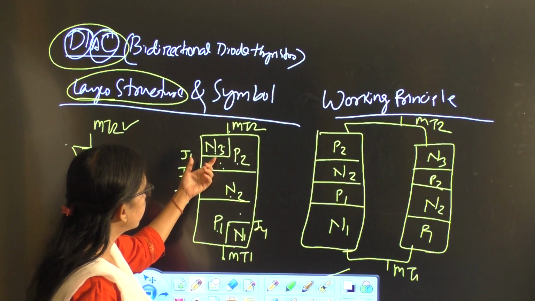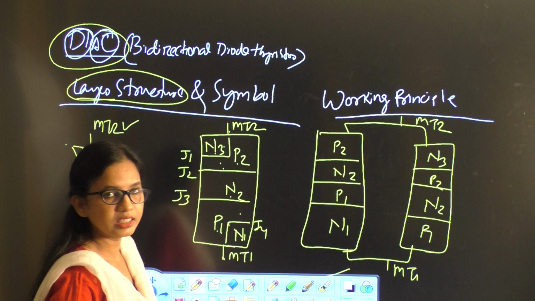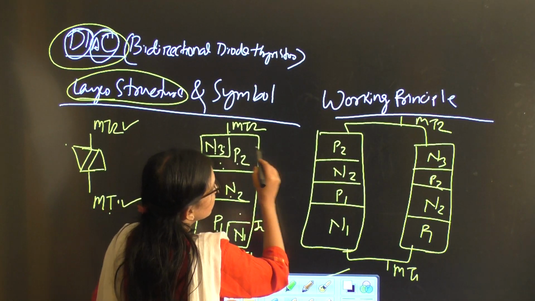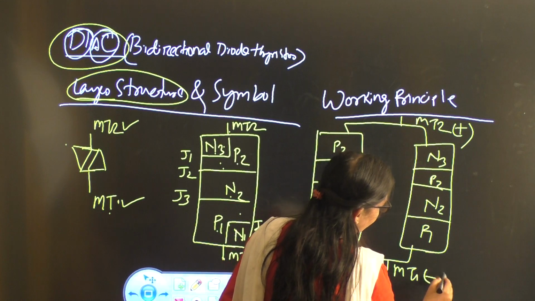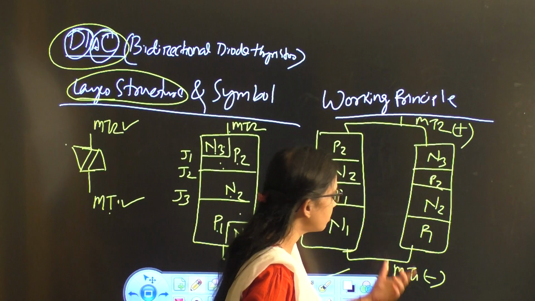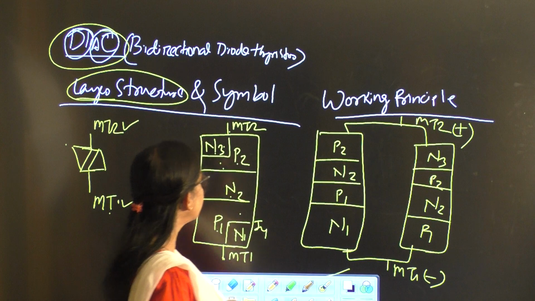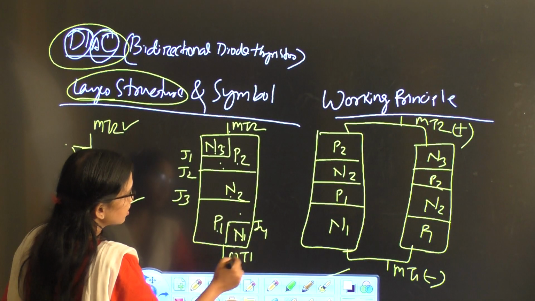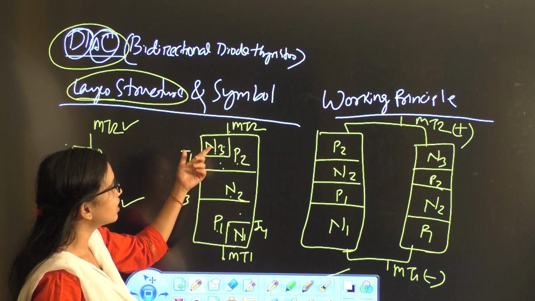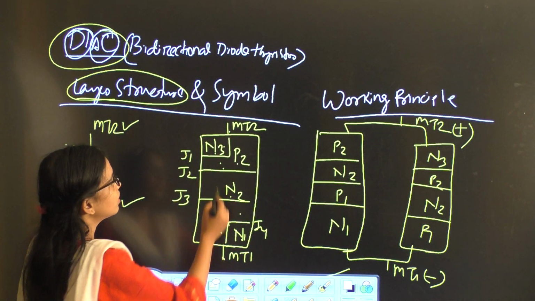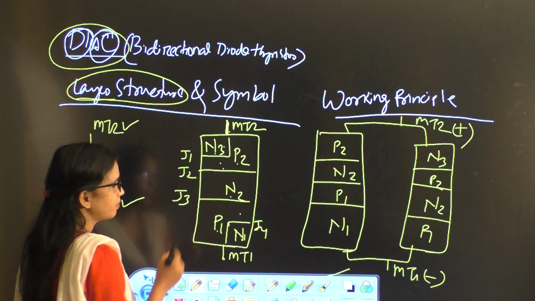Two cases arise. One case is when MT2 is positive with respect to MT1. That means MT2 is positive and MT1 is negative. In that case, you can see from the layer structure, when MT2 is positive, N3 and P2 both are connected to the MT1 terminal.